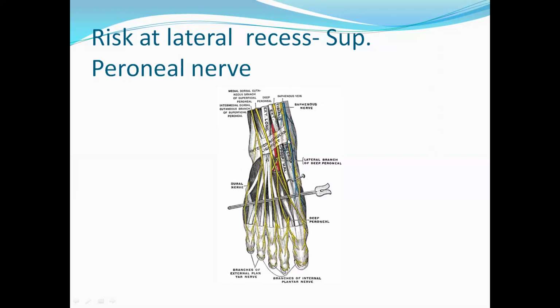There is another entry between tibialis anterior and extensor hallucis longus, used for ankle arthroscopy, which is also a safe site for giving an injection. However, for all practical purposes, the anteromedial recess is the most common and safest entry portal for injecting into the ankle joint.